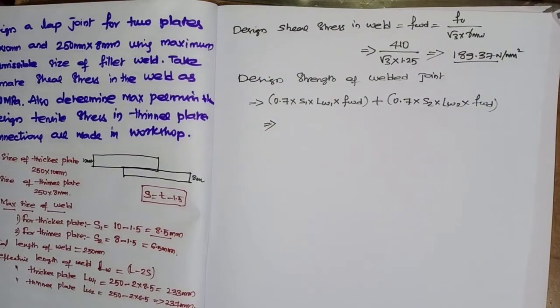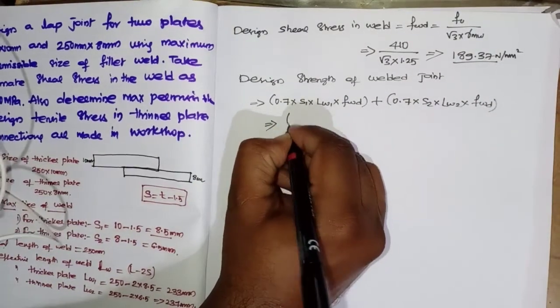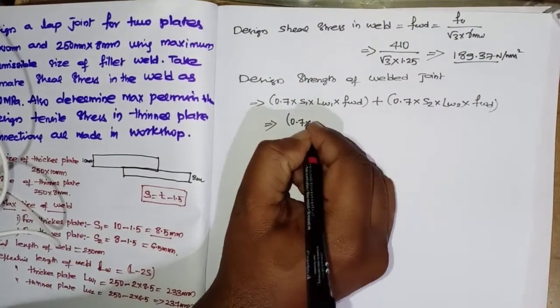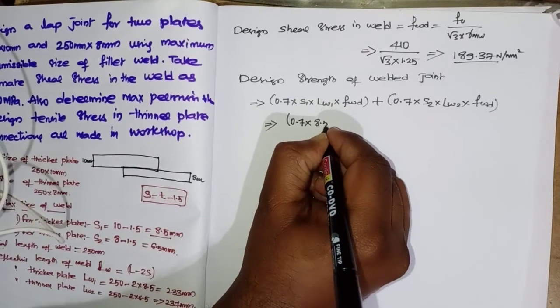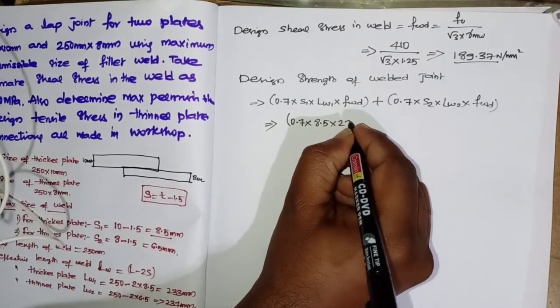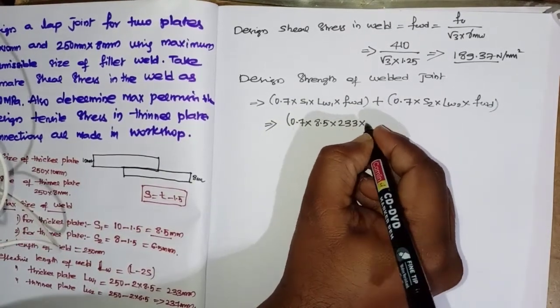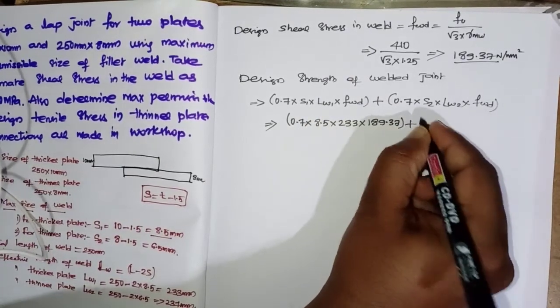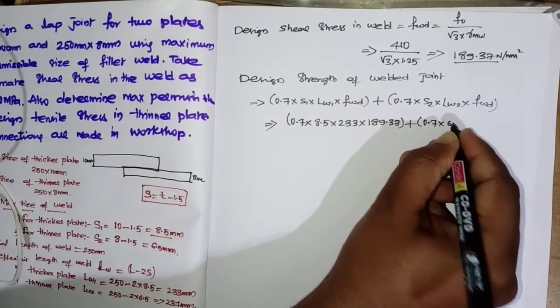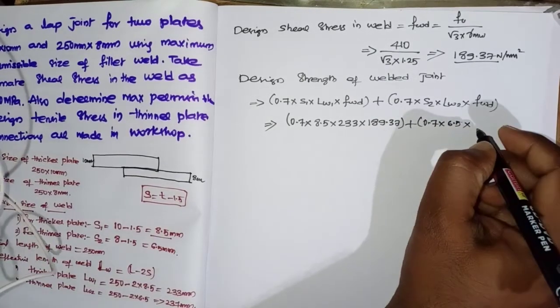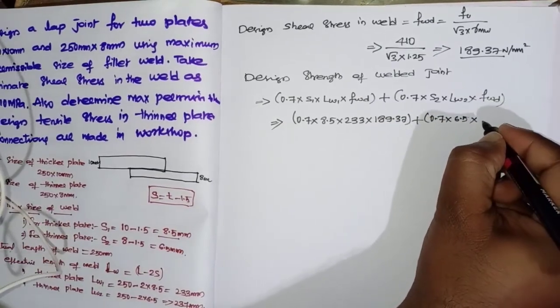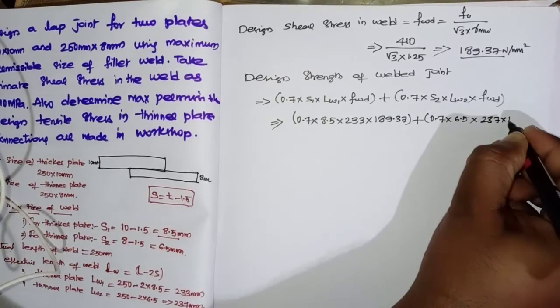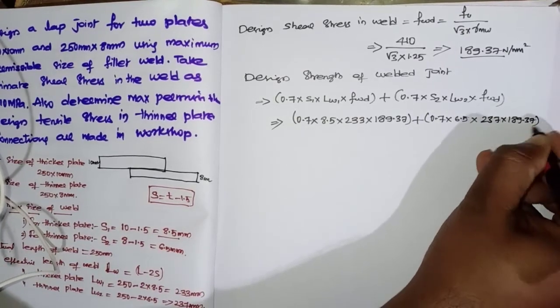So what is this one? 0.7 into, what is S1? You got 8.5, LW1 is 233 into 189.37 plus 0.7 into 6.5 into, what is this? You got 237 into 189.37.